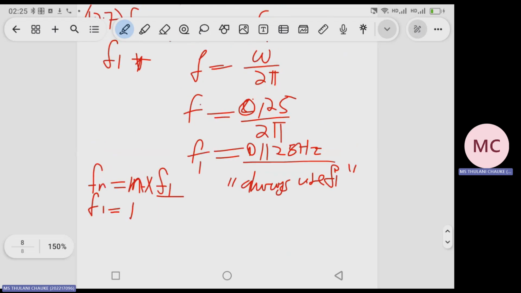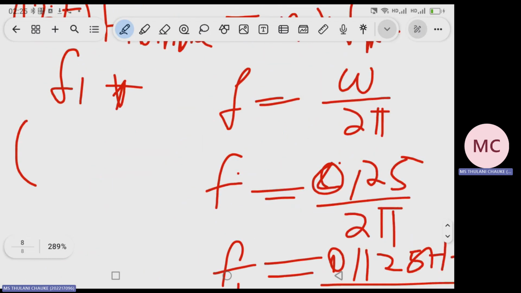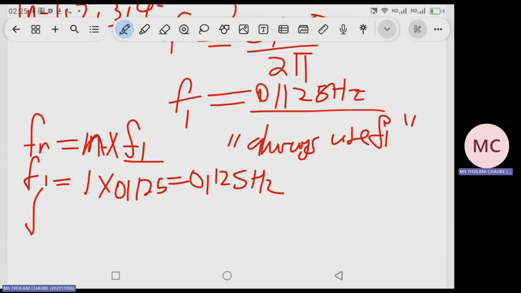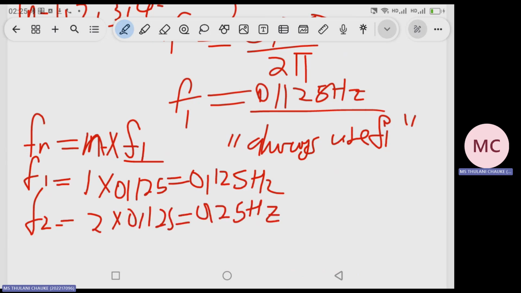The values of N in the harmonic series are just 1, 2, 3, first position, second, third, etc. So now we'll have 1 times 0.125, which will be 0.125 hertz. Then F2 will be 2 times 0.125, 0.25 hertz.